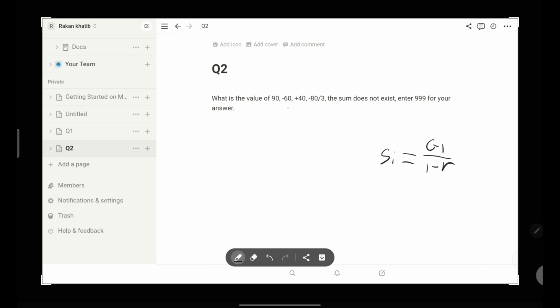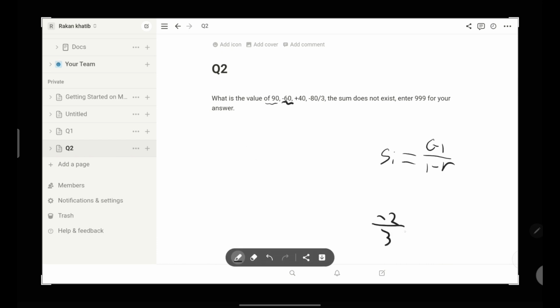It's just the second term over the first term. So in this case, that would be -60 over 90. You write that in the calculator and you get -2 over 3. So now we know that -2 over 3 is our R.